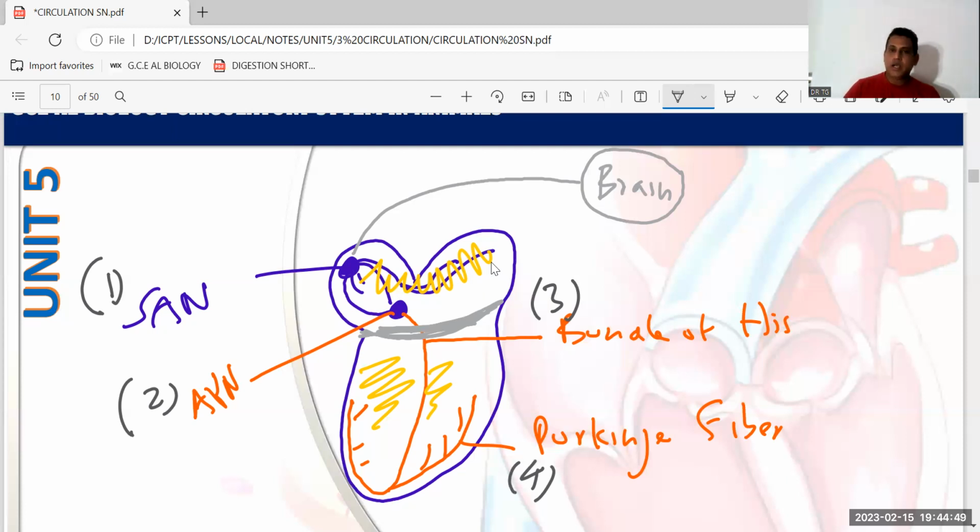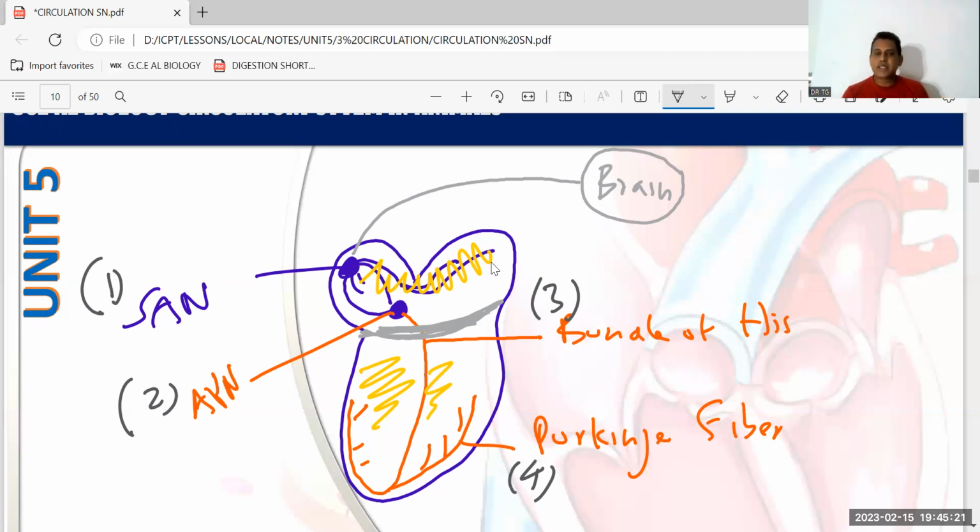So I think in the next lesson, we are going to learn the cardiac cycle. What are the events that take place from one contraction to another relaxation, contraction to relaxation? What are the events that take place, and what is the involvement of the SA node and AV node to make this contraction and relaxation?